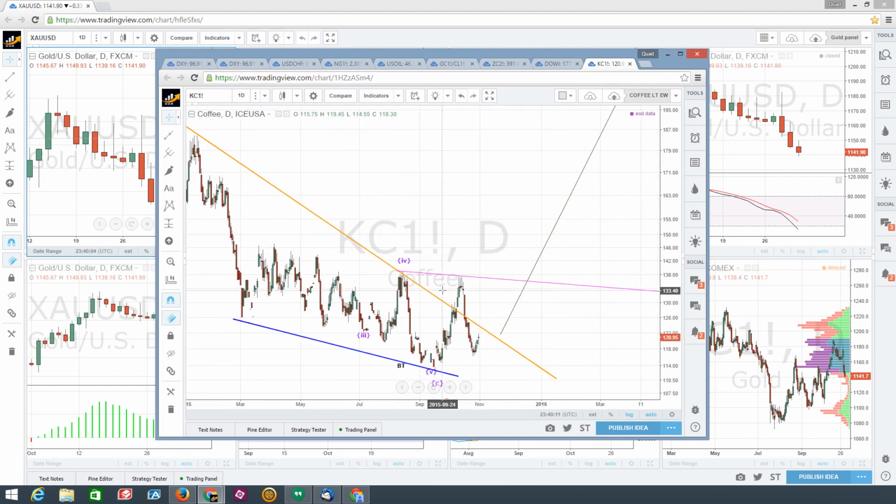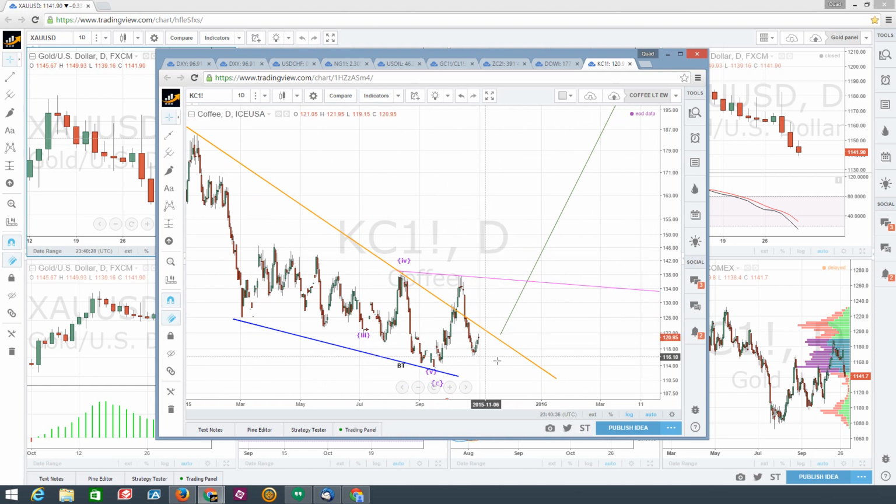What I see here on the daily is we've got an initial impulse up complete, up into what could be a right neckline of a bullish inverted head and shoulders pattern. This being the left shoulder here, left neckline. This would be the head, pop up into the right neckline, and now the right shoulder, which is currently being worked on.